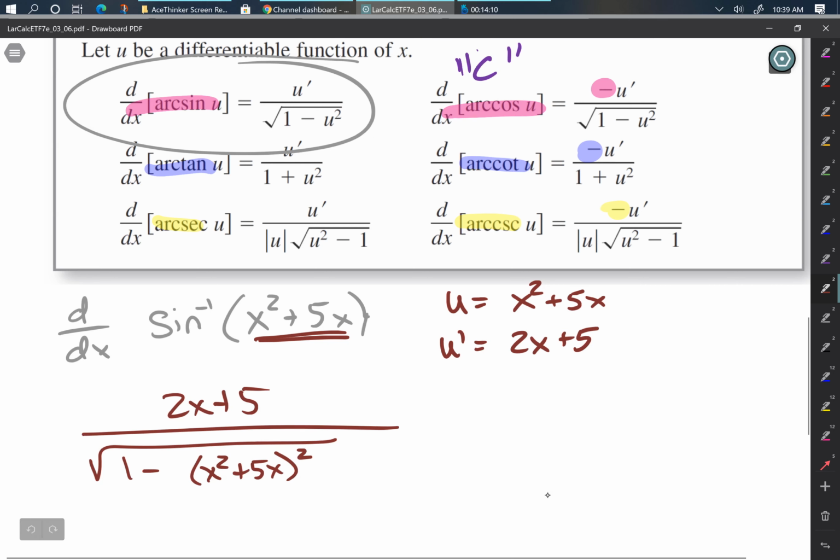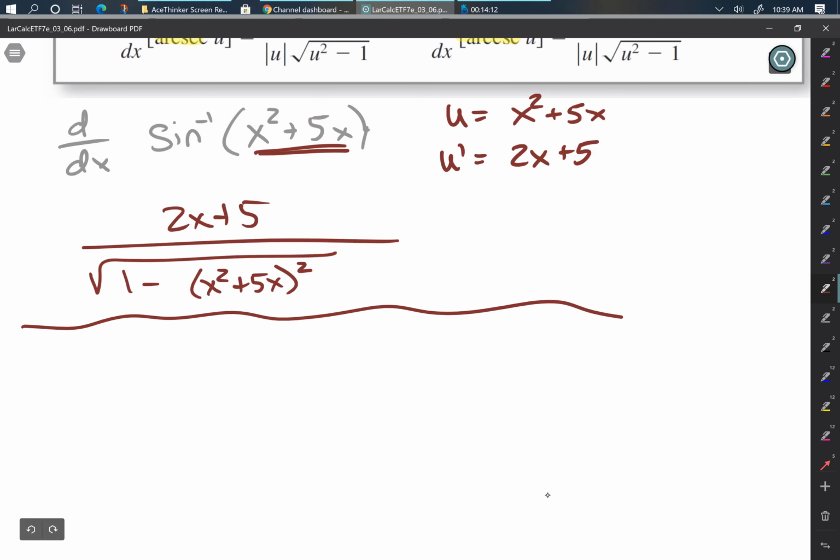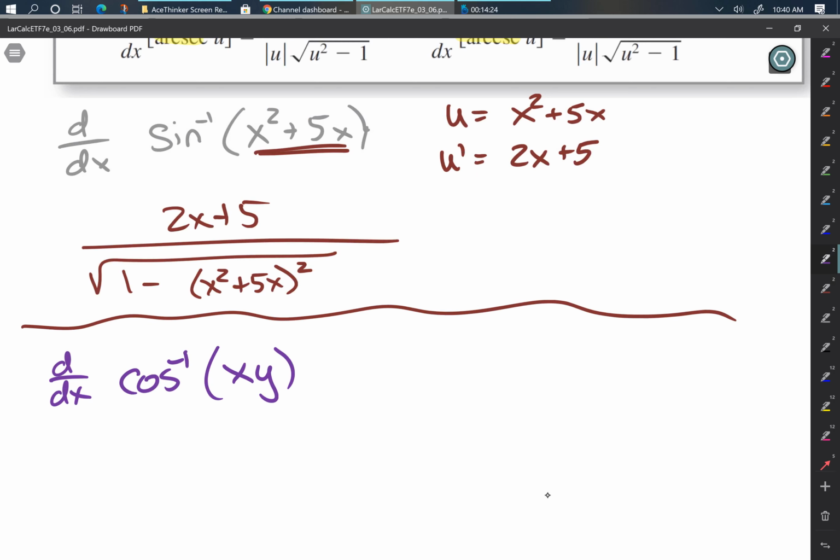Okay? What if someone decided to be mean to you and mix things up and asked you to take the derivative with respect to x of the arccosine of xy? Right? Now I've got two problems. I've got a product rule hiding in here, and I've also got implicit differentiation hiding in there, but I can do that.